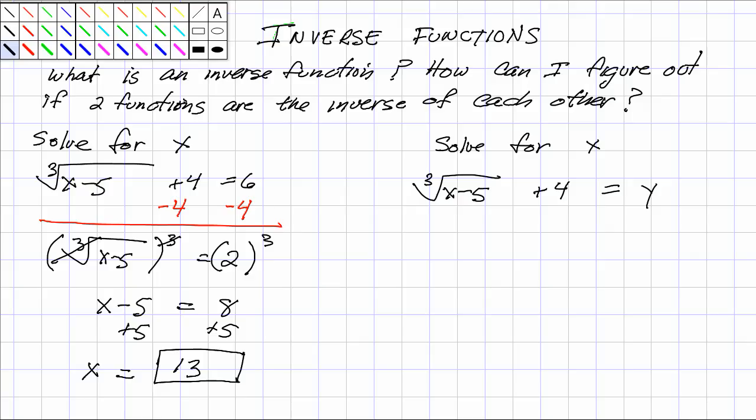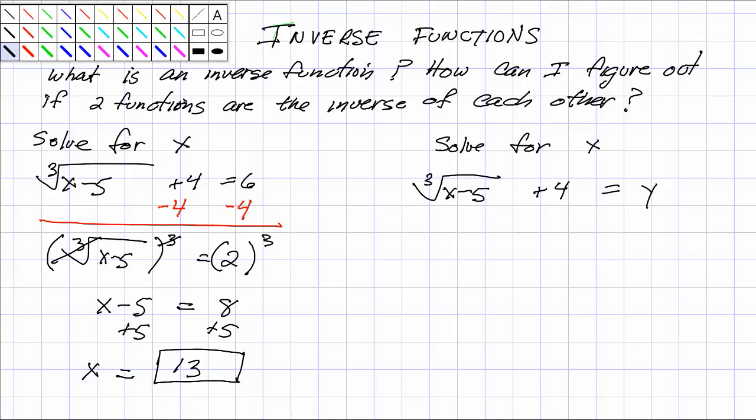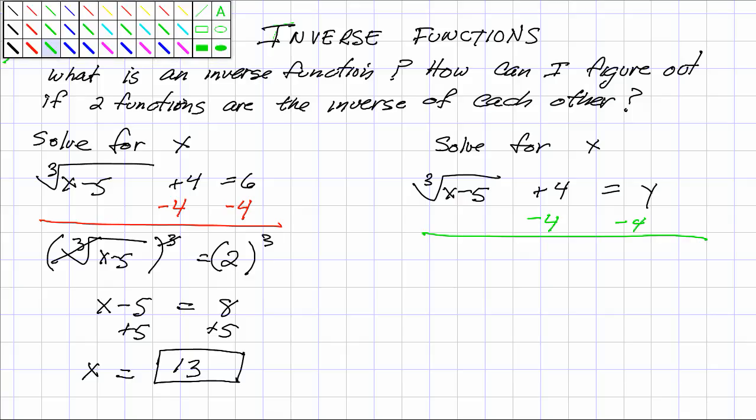So again, what I want to do is a series of inverse operations. I'll subtract 4 from both sides first, just like I did before. And I get the third root of x minus 5 is equal to y minus 4.